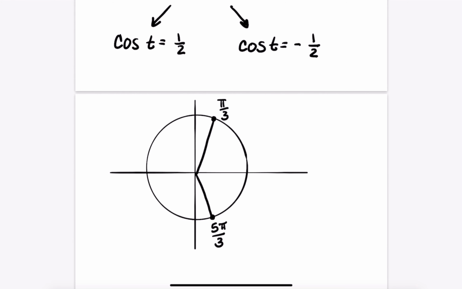So again, this is the x coordinate of the point. It's 1/2. So cosine of pi over 3 is 1/2, and cosine of 5 pi over 3 is 1/2 as well. Let me just color code this. So for 1/2 we have pi over 3 and 5 pi over 3.